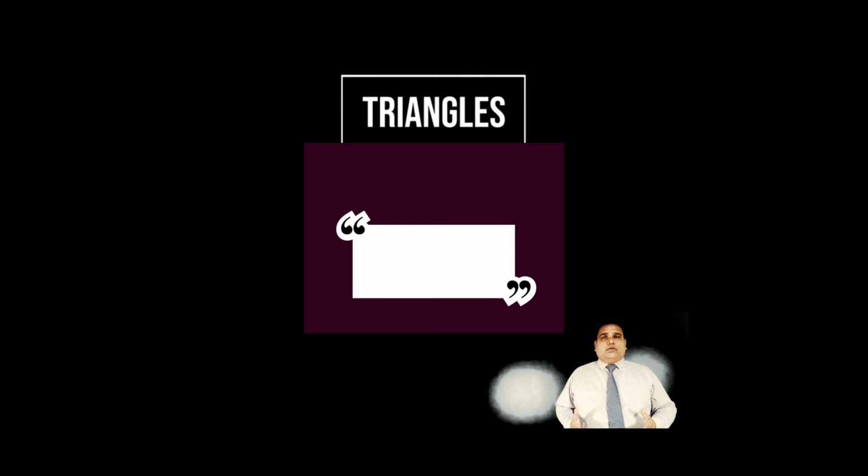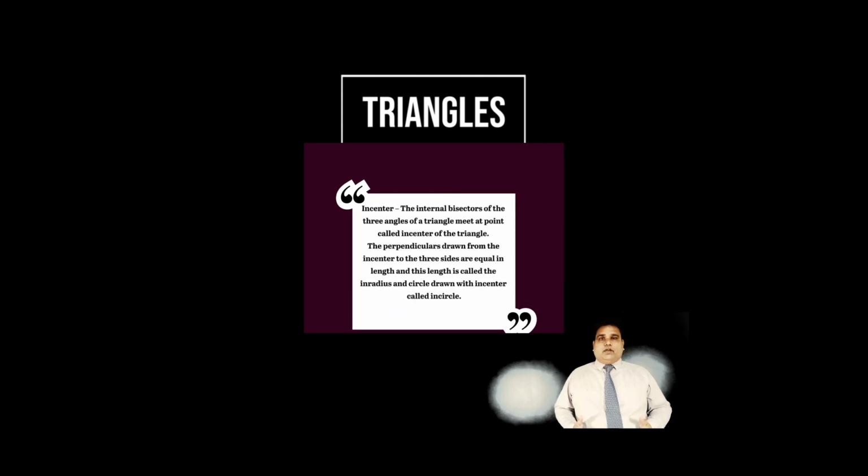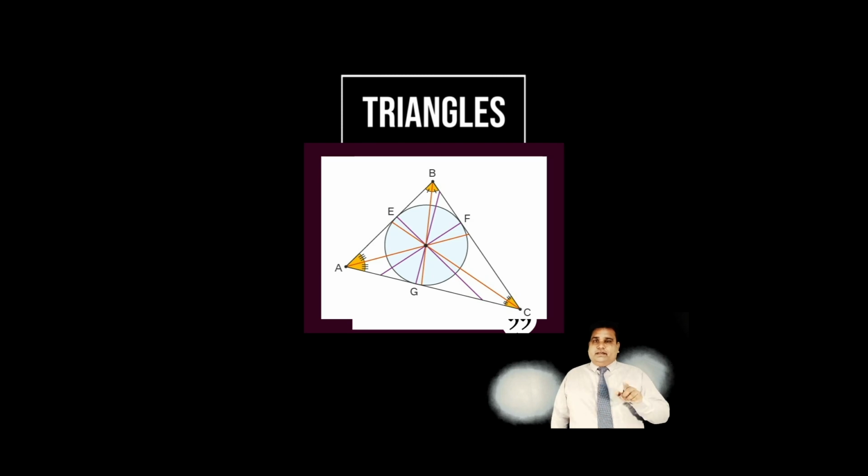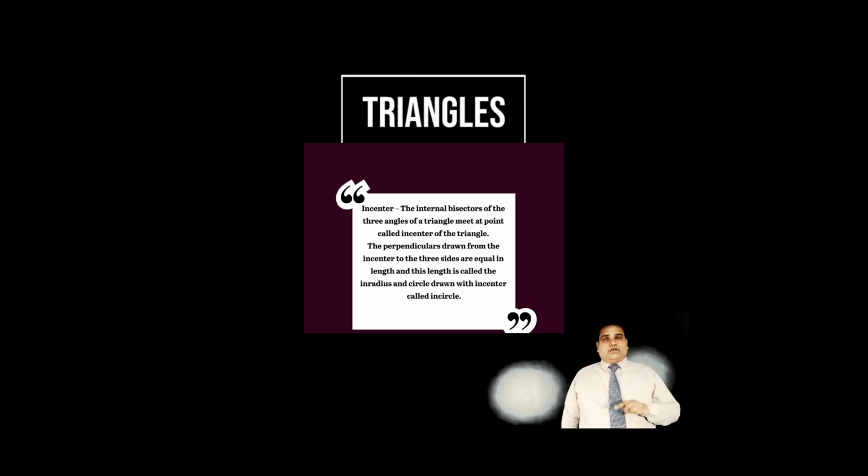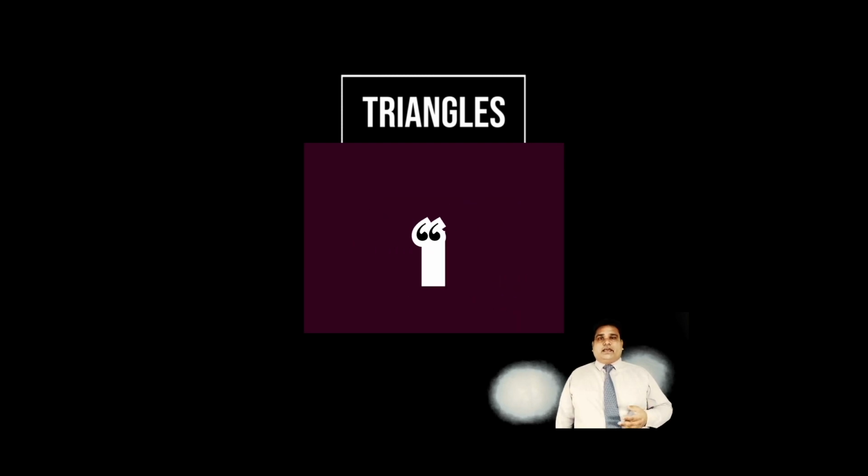Next is the incenter. The internal bisectors of the three angles of a triangle meet at a point called the incenter of a triangle. The perpendiculars drawn from the incenter to the three sides are equal in length, and that length is called the inradius, and the circle drawn with the incenter is called the incircle.